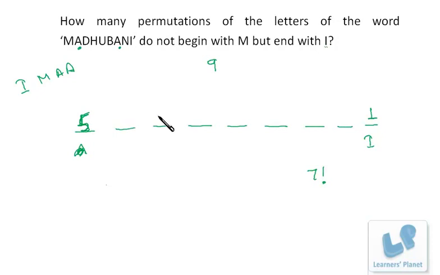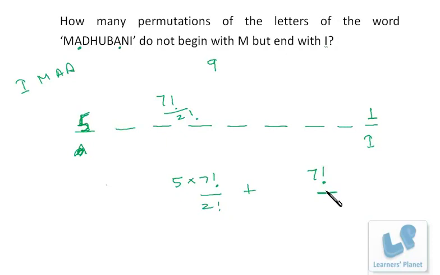Then 7 places are there, and we have 7 letters. So 7 letters can be arranged in 7 factorial ways, and since we have 2 A's, we need to divide by 2 factorial. So in all, 5 into 7 factorial by 2 factorial plus this 7 factorial.